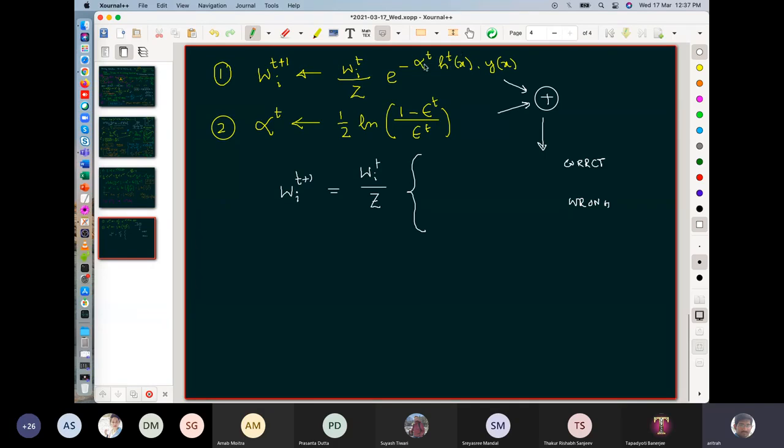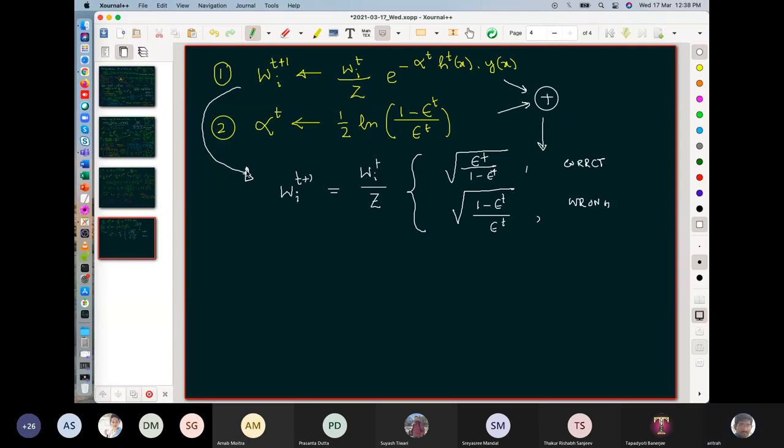So I have e to the power minus alpha t, where alpha t is this one. So what will it come to? Half comes as root, minus flips the position. So this will be this. The other one will be e to the power plus alpha t, and obviously you can understand this is a simple algebraic calculation. Agreed? This will be my w_i if I have this alpha t derived.